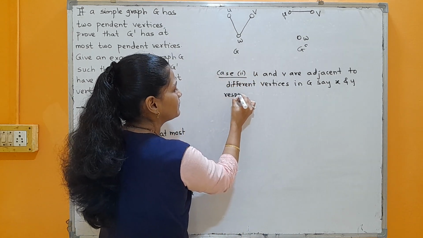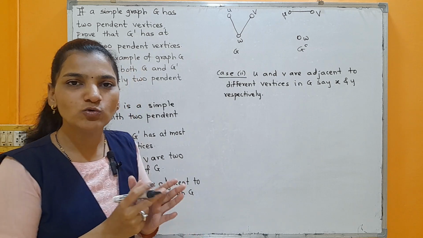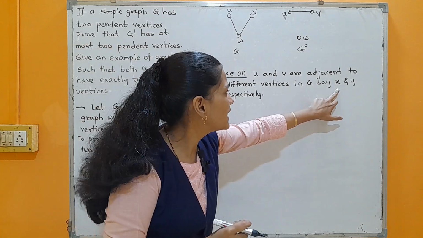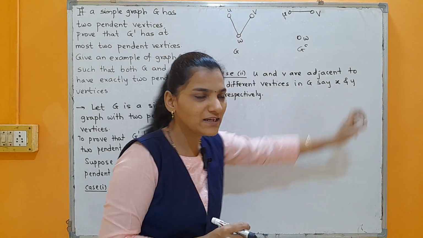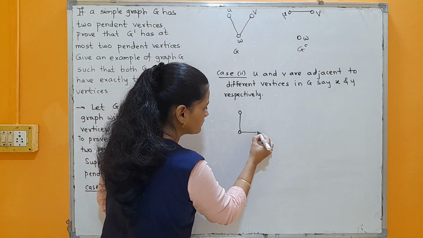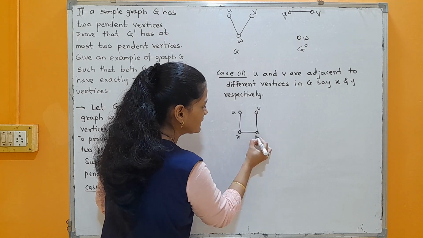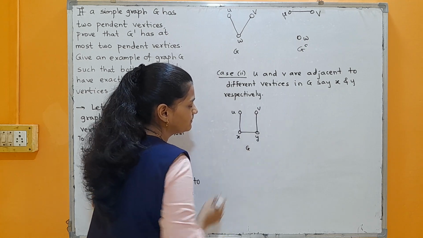That is, here we have considered U is adjacent to X and V is adjacent to Y in graph G.